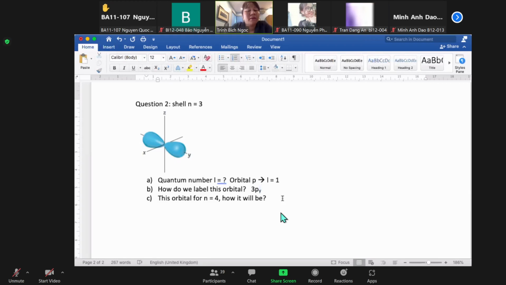And this orbital, if it is for the shell of n equal to 4, you have 4 cases to choose.